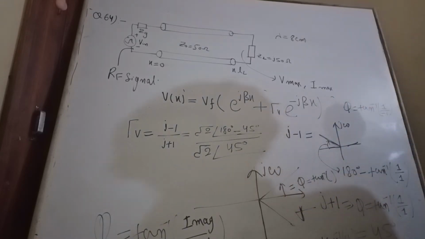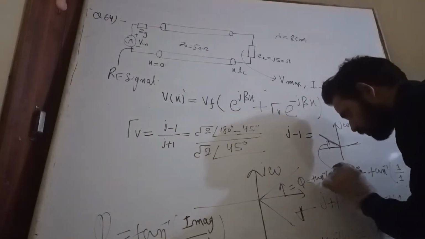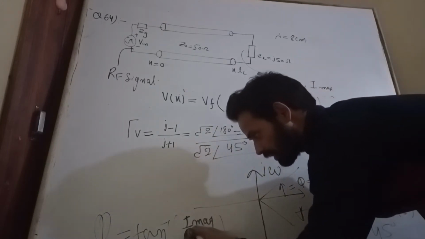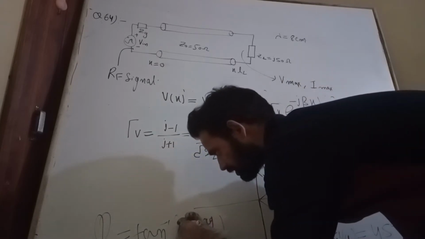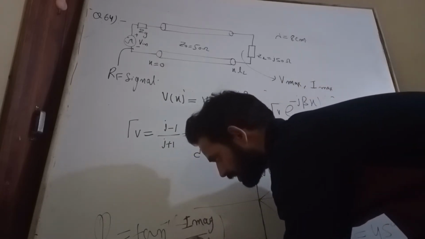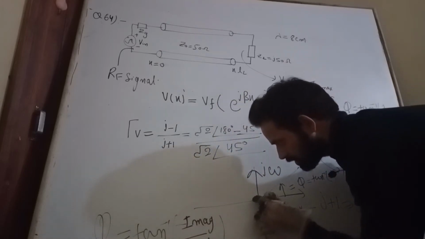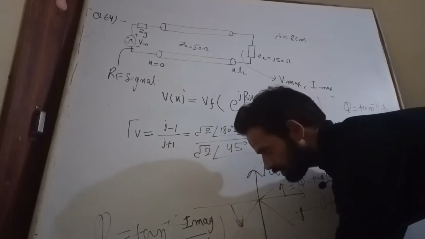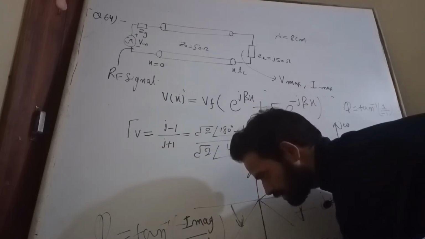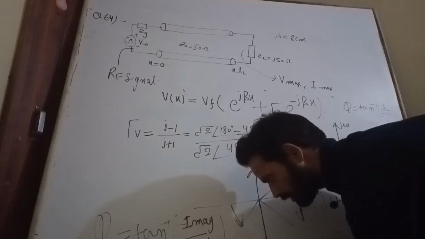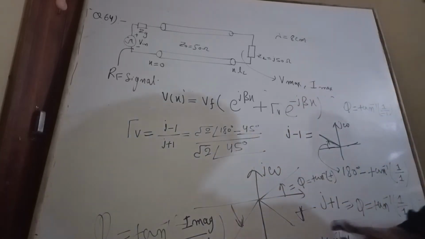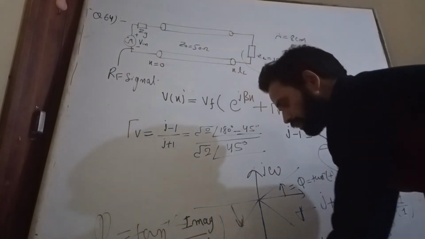If the imaginary part is negative and the real part is also negative, both negative, it is in the third quadrant. Then the angle is phi equal to 180 degrees plus tan inverse of the whole quantity, where the quantity inside the tan is positive. This is the way to write this angle.